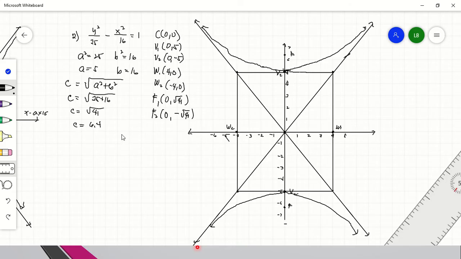Asymptotes. So, y equals mx plus b. So, ang b natin ay 0. So, kunin natin ang rise over run. So, ito yung rise. Ito yung run. So, 5 over 4x. And y equals negative 5 over 4x.